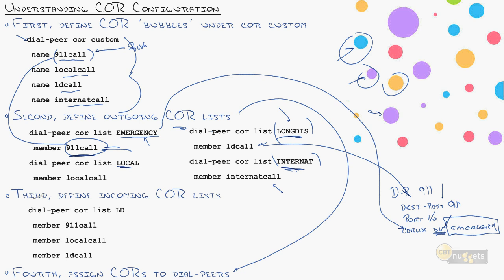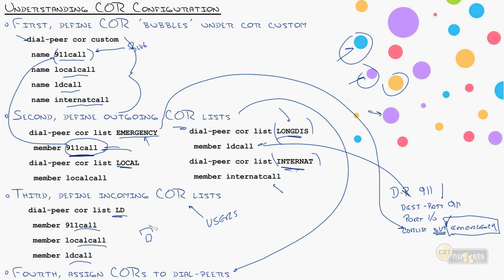Third, you create or define your incoming core list. In this case, this will be what assigns the permission to your users. Keep that one burned into your mind. Okay, so the users are going to get this to define their access. So I create a core list called LD. We'll call it long distance, right? Which contains the 911 call, the local call, and the LD call bubbles.